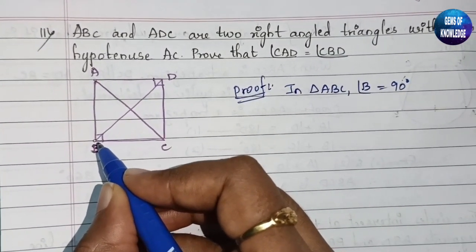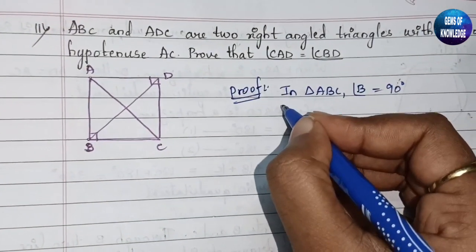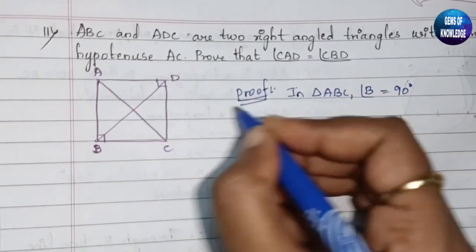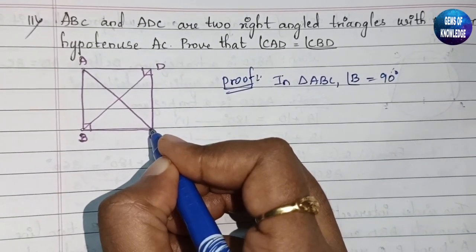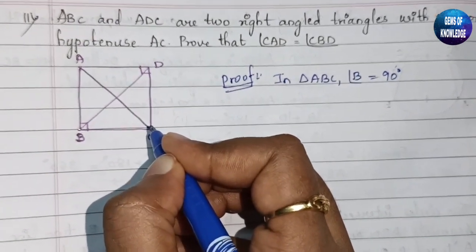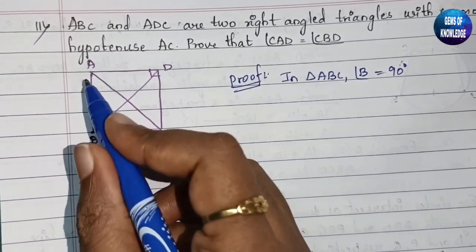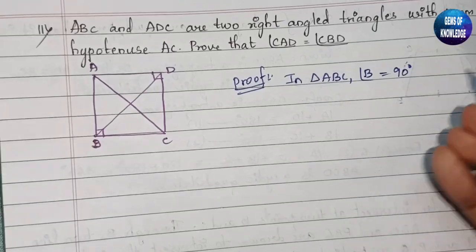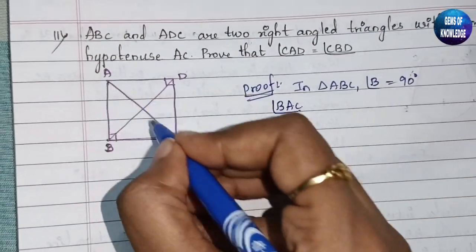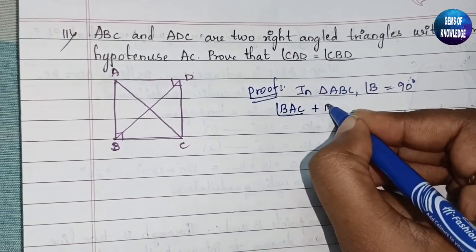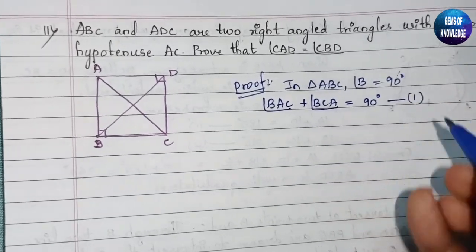We know that in a triangle, the sum of all three angles is equal to 180 degrees. Since this angle is 90 degrees, the other two angles together are also 90 degrees. So angle BAC plus angle BCA is equal to 90 degrees. We'll keep this as equation 1.